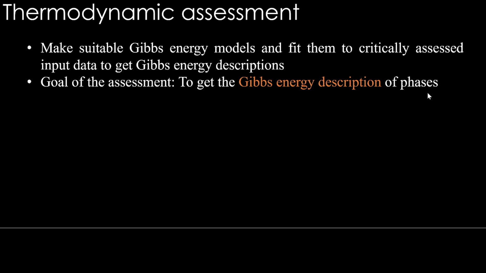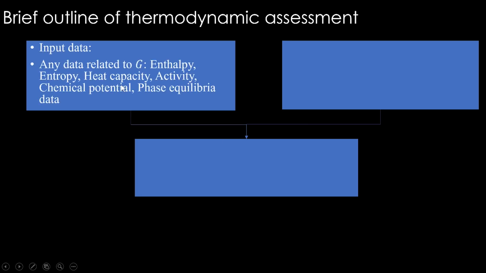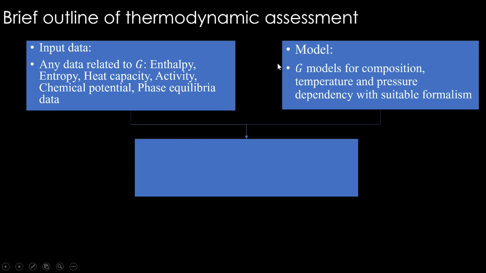Let's see the brief outline of this method. You can treat these as three different major activities that are going to be there. First is input data. Any data related to Gibbs energy, enthalpy, entropy, heat capacity, activity, chemical potential, phase equilibria data, all these data which are related to Gibbs energy can go as input data. On the other side, we have the model, where Gibbs energy models for composition, temperature and pressure dependency. G dependency on composition and temperature will be the focus mostly.